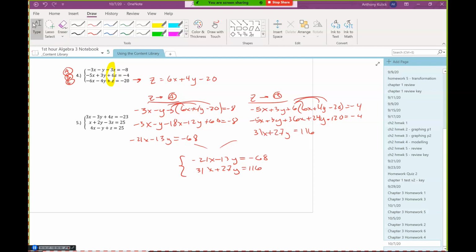Okay. So what variable do you want to work on next? The Y. Okay. So which equation are you going to use? You used equation, I'm sorry, we'll call these D and E. Which one? I use E, okay.